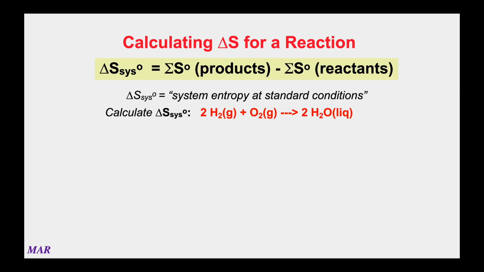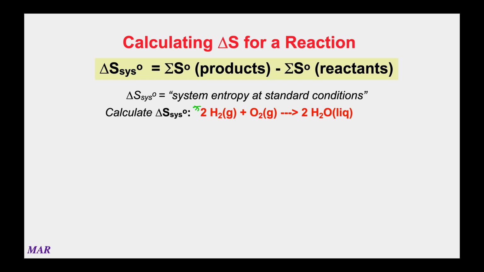If you want to find the delta S of a reaction, say this reaction we looked at earlier, it's all the S values of the products minus all of the S values for the reactants. So just like before, we need to look up the values, products minus reactants.